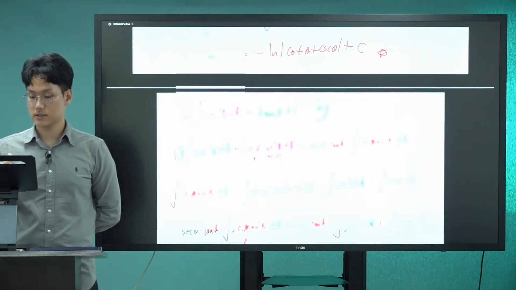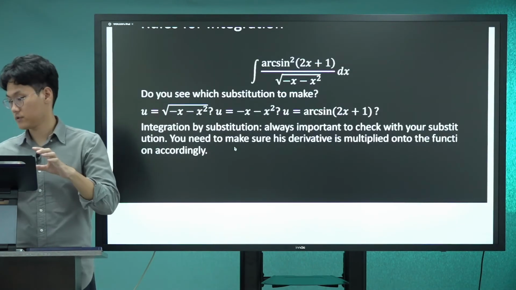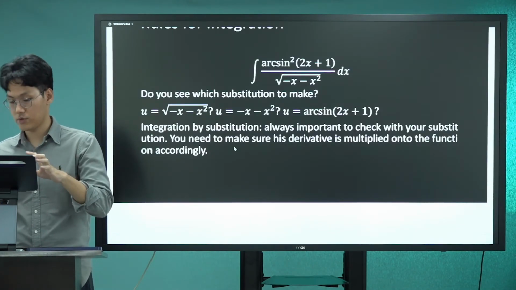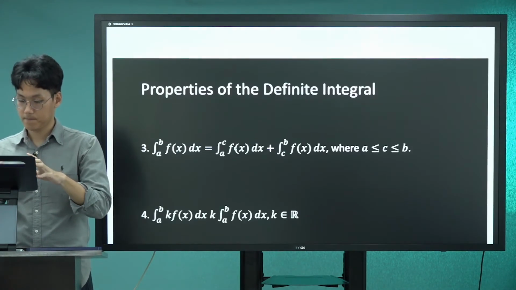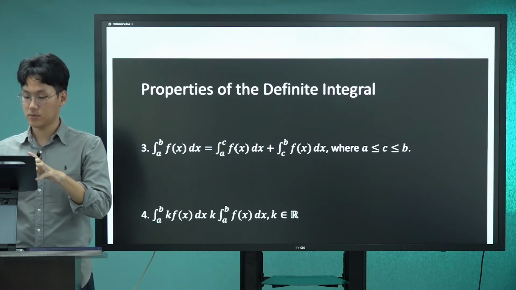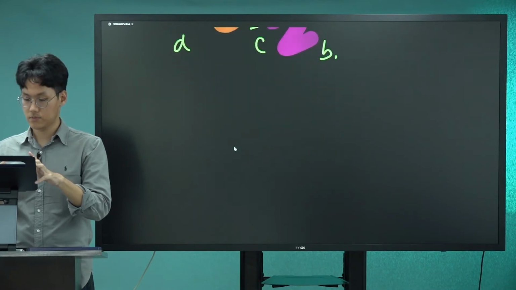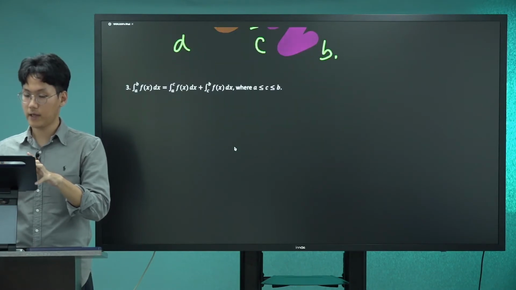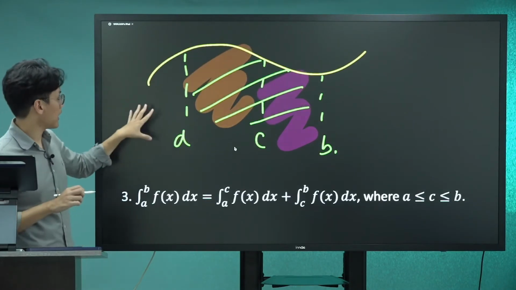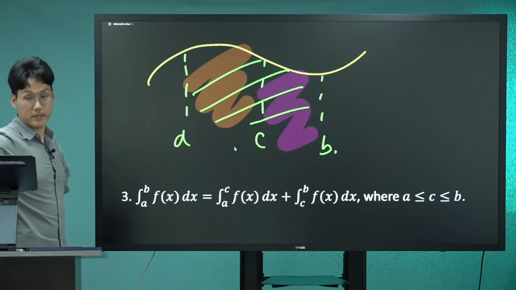And that is what this property of integration really suggests. We can integrate either from a to b directly or a to c and c to b respectively.